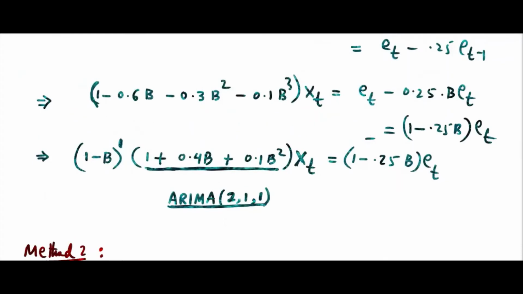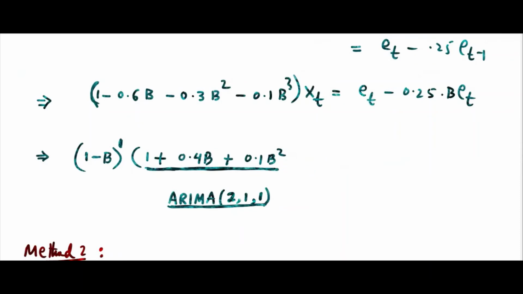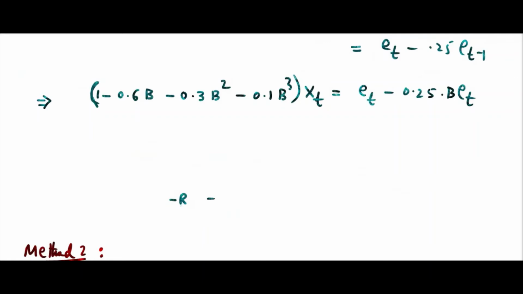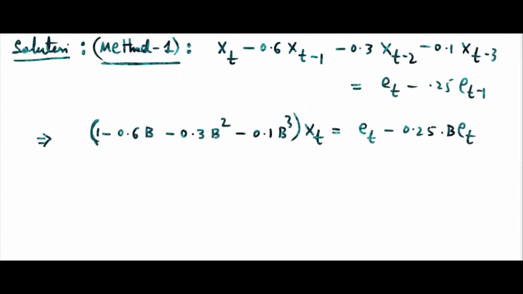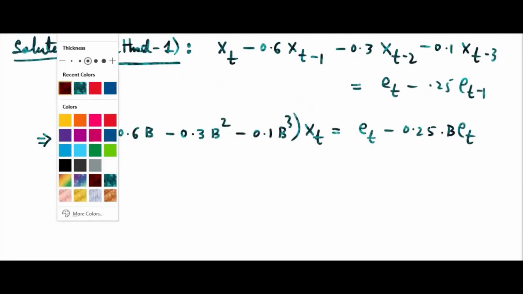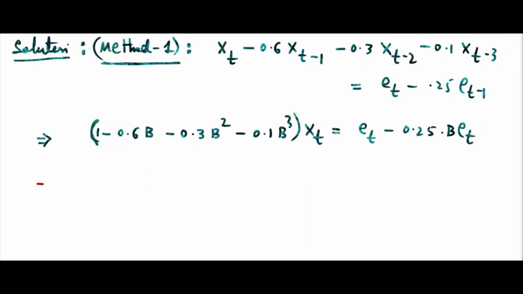We'll change our track from here. So this is the series. In method 2, we'll try to apply the differencing method directly. Okay, so we'll write it this way.